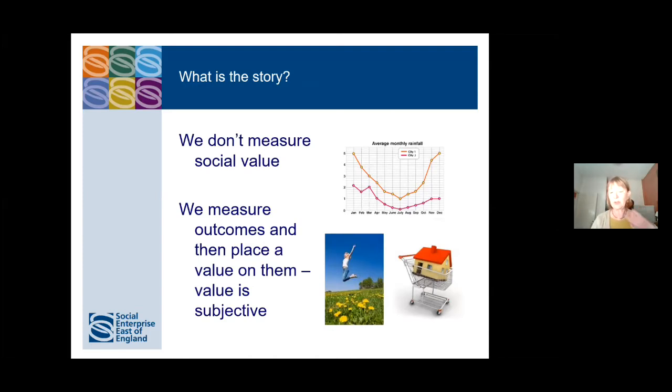The example on the bottom right of the screen there is a house. When we buy a house, we don't buy the aggregated value of bricks and window frames and drain pipes and doors and windows. What we buy is a value which is subjective, and it might depend on whether I can look out of my window and see some trees, if I'm near the park, if it's near a good school, if it's near the station, if it's got parking, if it's in a good neighbourhood, whatever that looks like.